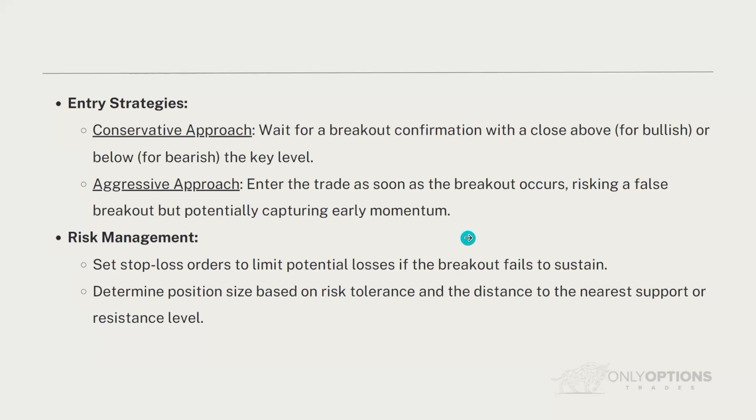On the risk management side, I always said that you gotta be able to know where you're gonna set up your losses. You have to be determined on what your tolerance is going to be depending on the name. I have different tolerance depending on the names that I play.